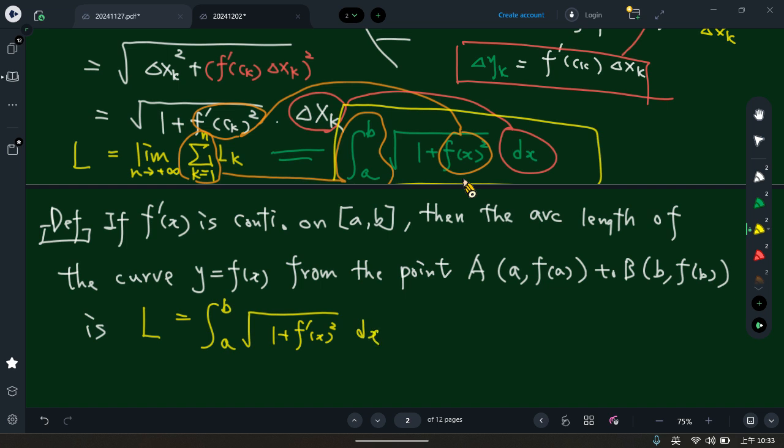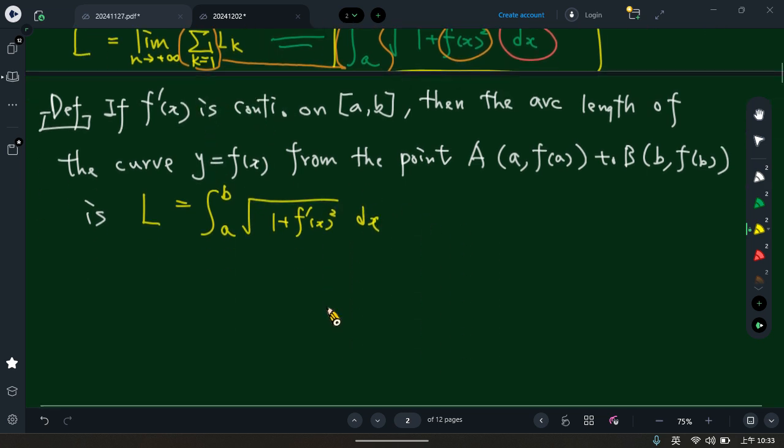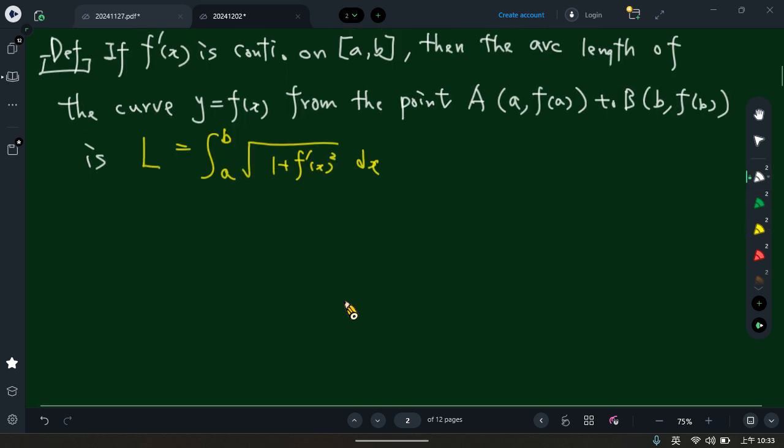So we just define the arc length as this one. You can simply apply the concept of the Riemann sum to get this formula, so we can just follow this definition to get the arc length. Let's quickly have an example to give you some impression about this formula.